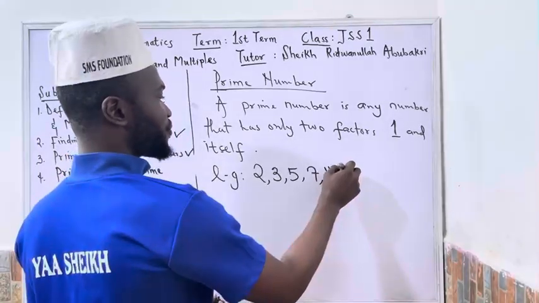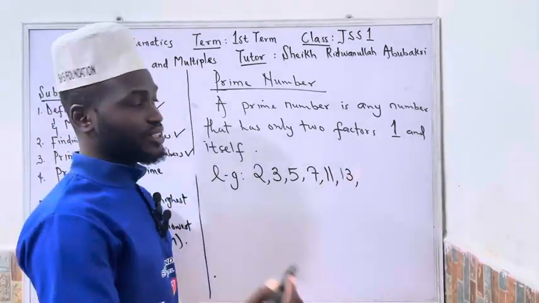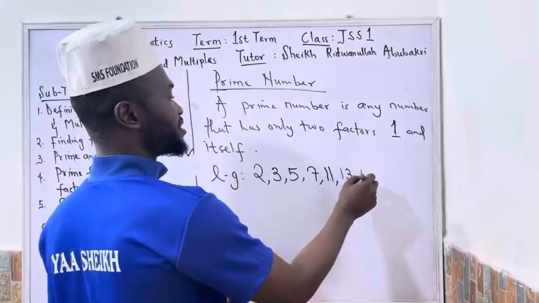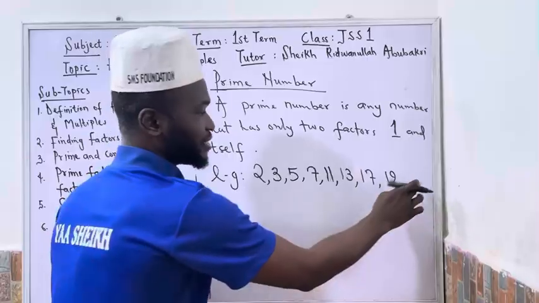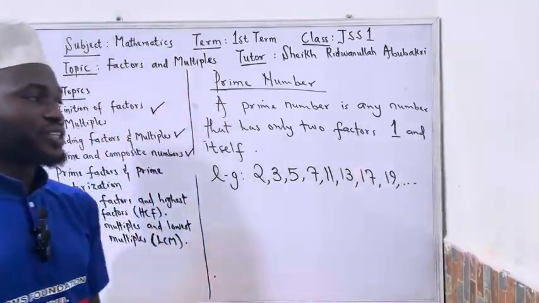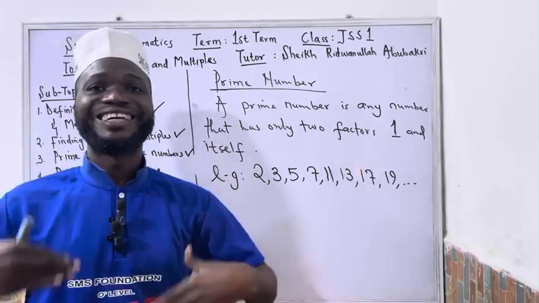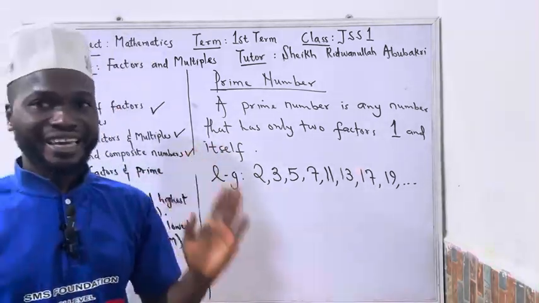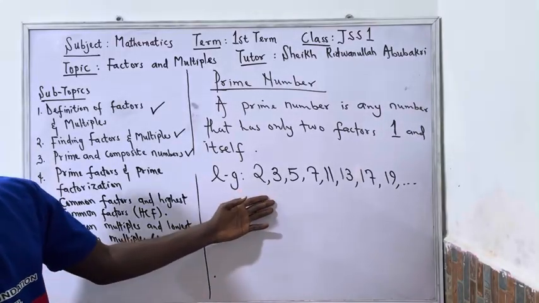So 12 is not, 13 is the next, 14 is not, 15 is not, 16 is not, then 17 is the next, 19, and this continues like this. It continues like this because we can't get to the end of prime numbers too. Prime numbers are infinite. They don't have end.